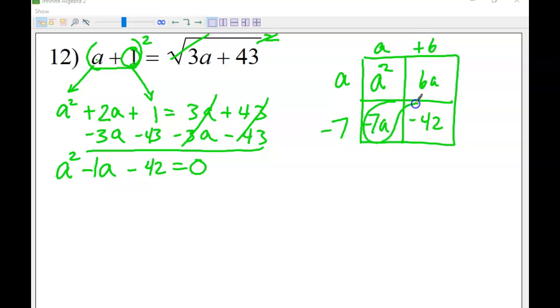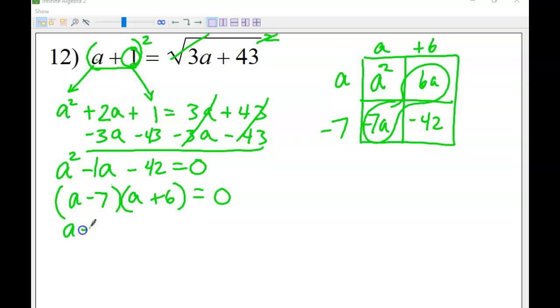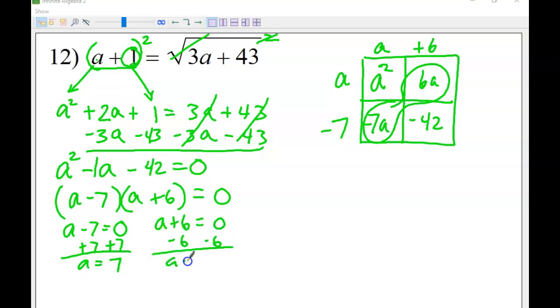That way, when I add these together, I get a negative 1a. So this thing has been factored into a minus 7 and a plus 6. We do zero product property after that. So I get 7, and I get negative 6.